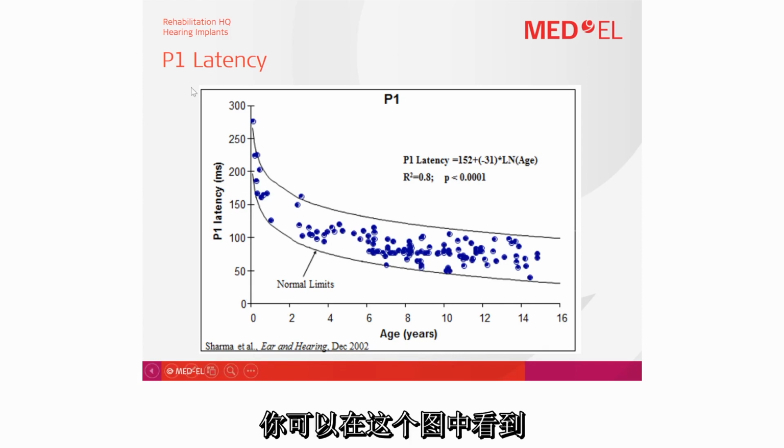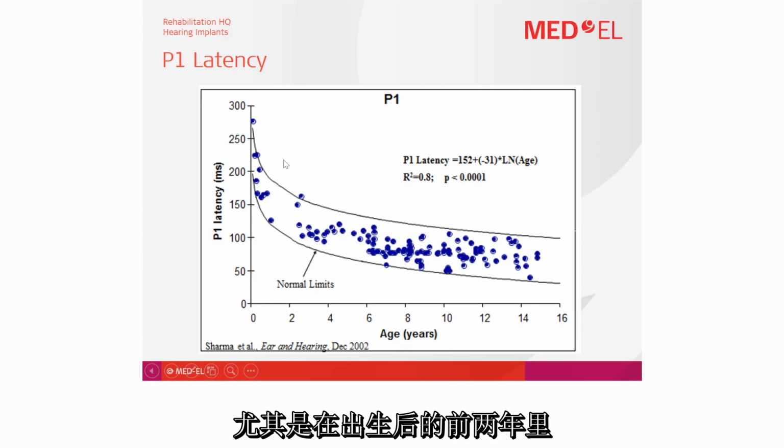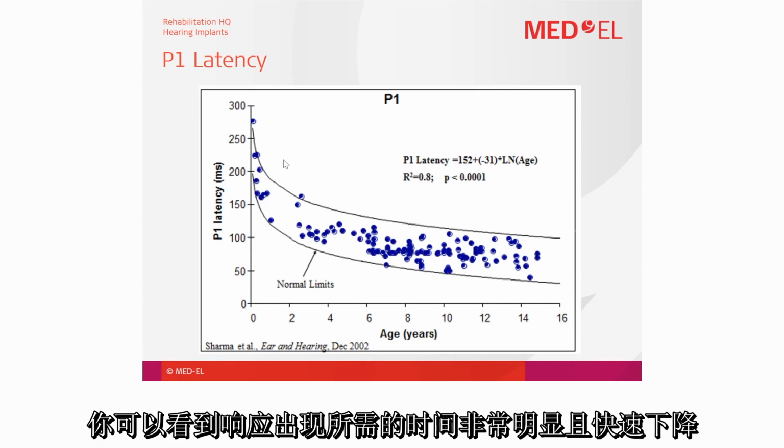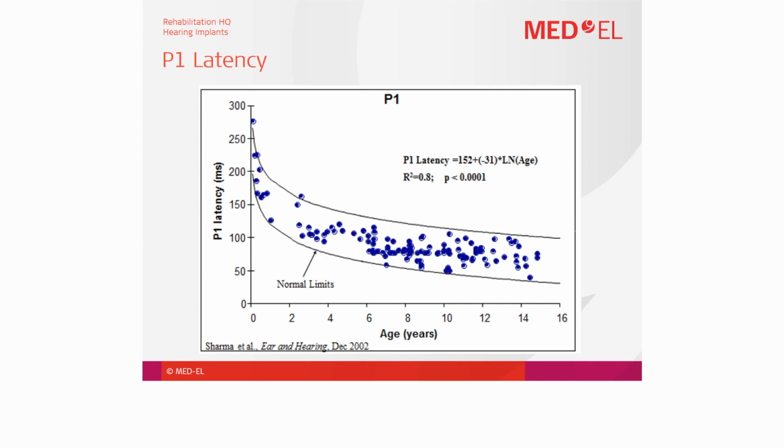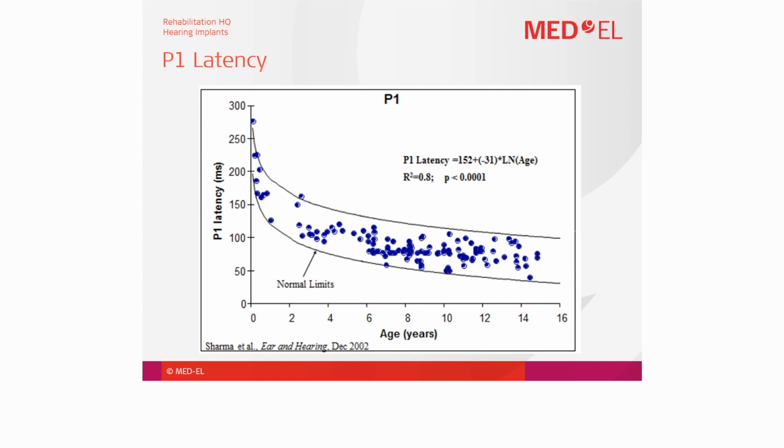And you can see in this graph that very quickly the time taken drops. Very quickly this auditory system matures and that latency response gets faster and stronger. But you can also see that there are still some changes that occur. It keeps getting faster right through into the teenage years.